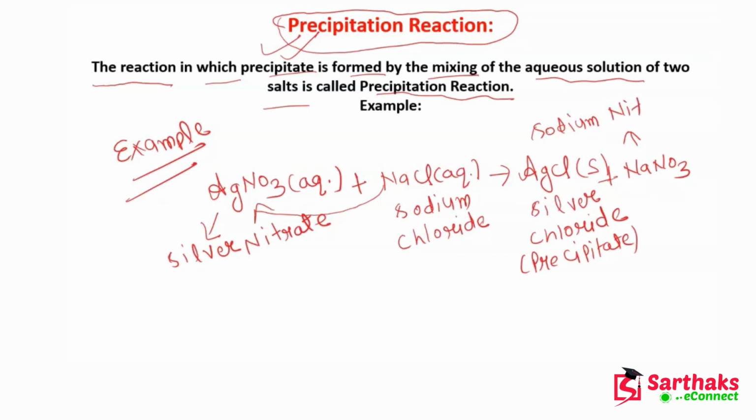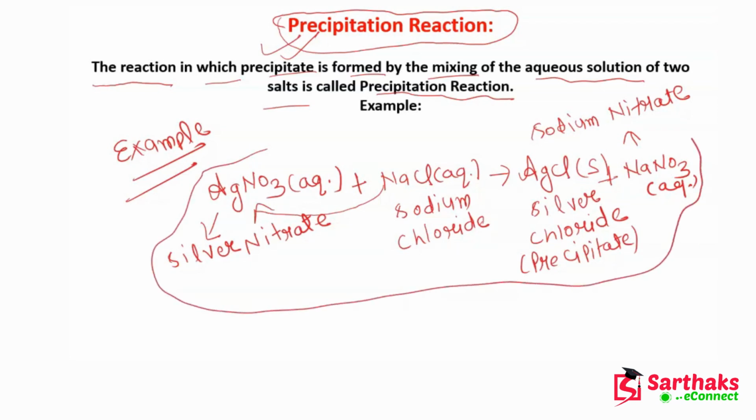I told you that when this NO3 was combined with Pb, means lead, it was lead nitrate. When it combined with silver, it became silver nitrate. When it combined with sodium, what will be the name of this compound? Sodium nitrate. So it is that easy. And this is also in aqueous state. So I hope guys this reaction is completely understood by you.